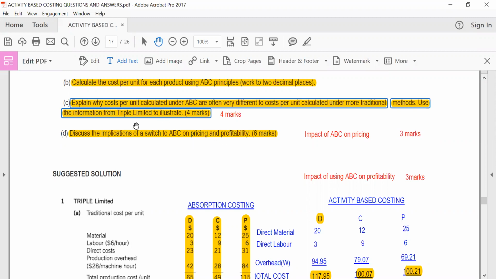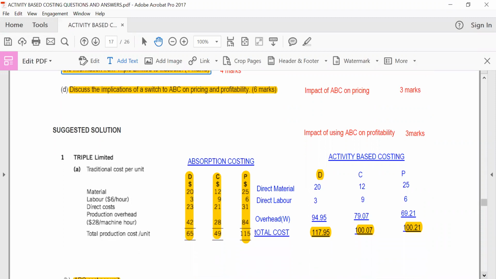Explain why cost per unit under activity-based costing are often very different to cost per unit calculated under more traditional methods. Use the information from Triple Limited to illustrate, 4 marks. So over here, we are now looking at why we have the differences in the overheads under activity-based costing and under absorption costing.